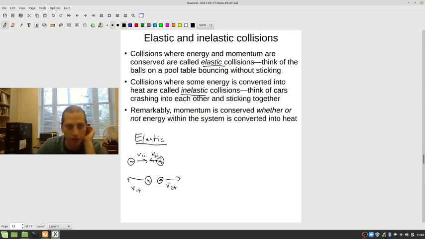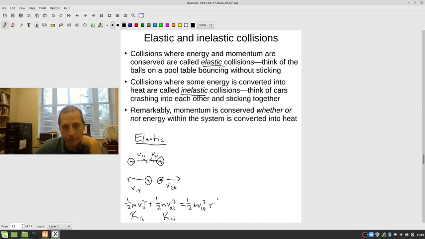And the reason that we call this elastic is, it was very springy, and also the 1/2 m v1 initial squared plus 1/2 m v2 initial squared equals 1/2 m v1 final squared plus 1/2 m v2 final squared. So what am I doing here? I'm adding up the kinetic energy of the first particle at the beginning and of the second particle at the beginning.